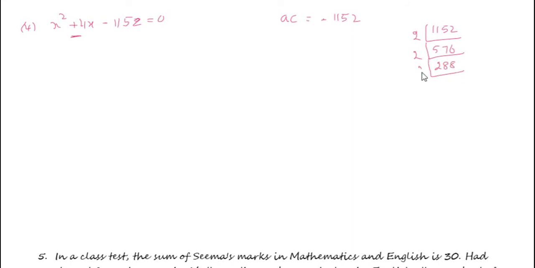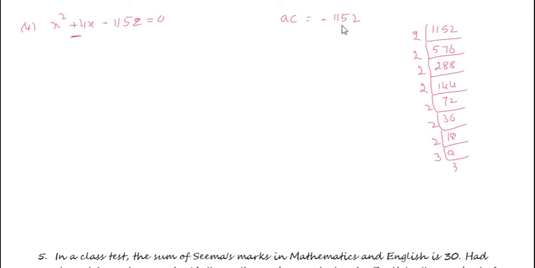Again divided by 2, 144. Divided by 2, 72. Divided by 2, 36. Divided by 2, 18. Divided by 2, 9. Divided by 3, 3.